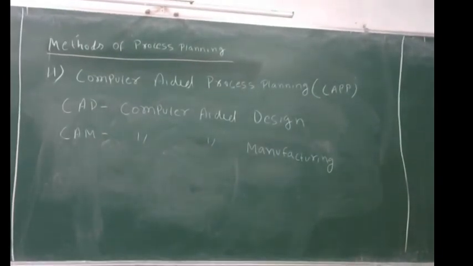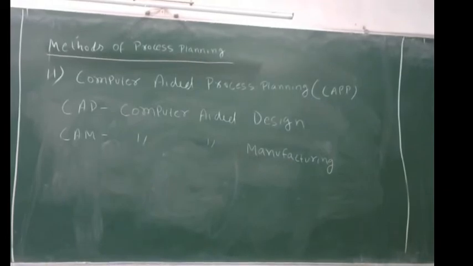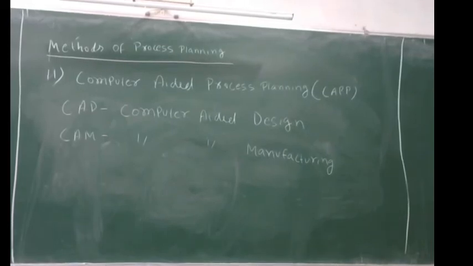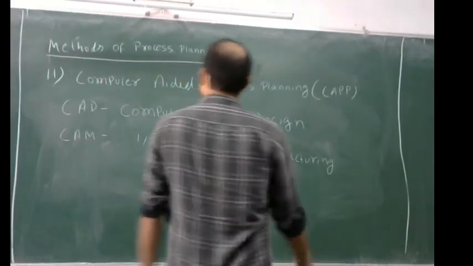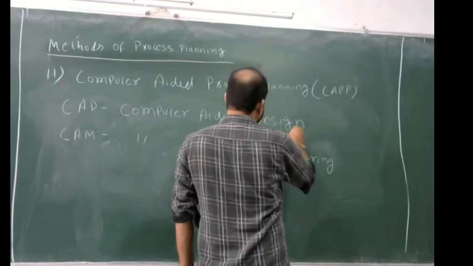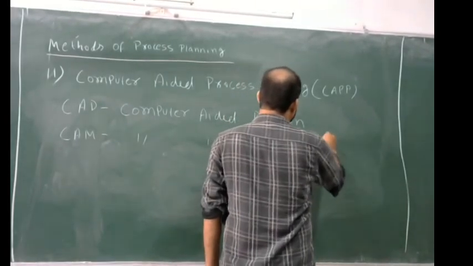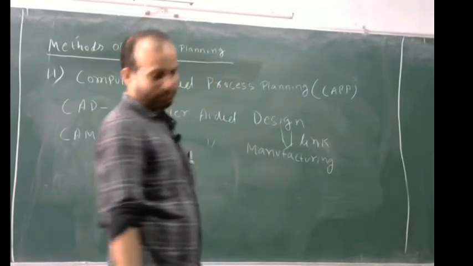Computer aided process planning represents the link between design and manufacturing in a CAD CAM system, means CAPP gives the link between design and manufacturing.